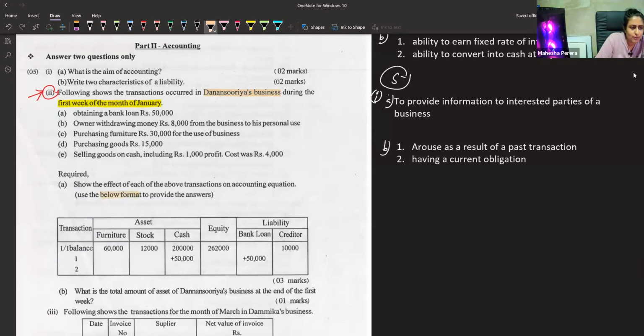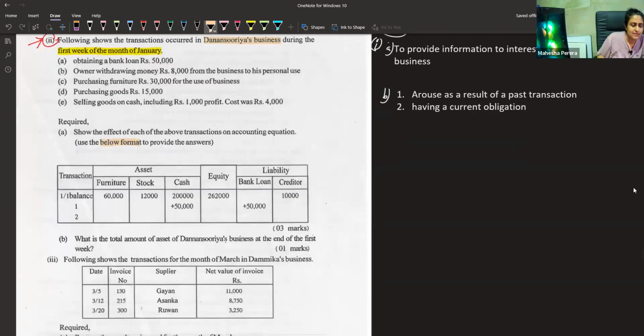Use the below format to answer. They have given the table using columns. Now, we have 2 methods to show the impacts of transactions on the accounting equation. The first method is we just write the basic equation and show the impacts without any columns for each item.